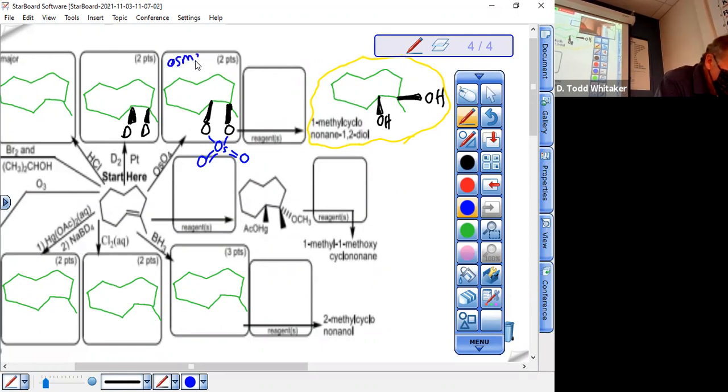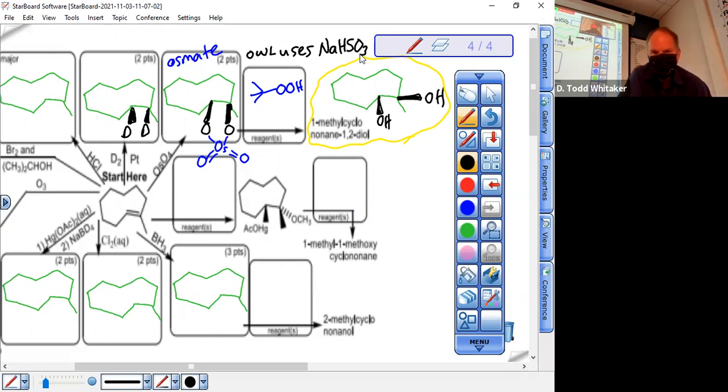Osmate ester is what you get if you don't add this chemical to break down the osmate ester. Tert-butyl hydrogen peroxide. OWL uses a different chemical almost always. In fact, I think always. OWL uses NaHSO3.